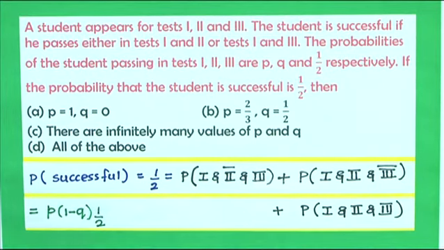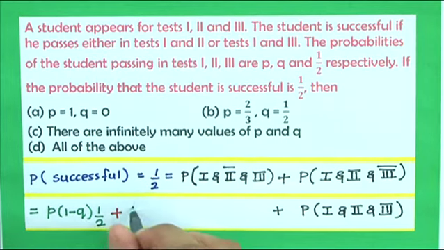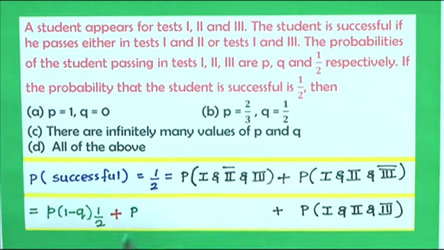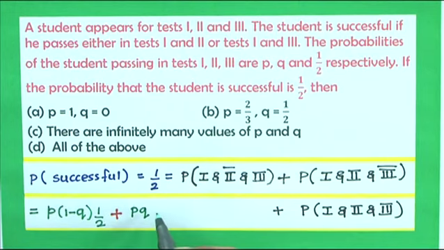The other possibility is going to be probability that he passes in the first two tests and fails in the third test. So that's going to be passing in the first test, that's P. Passing in the second test, that is Q. And failing in the third test. So that's going to be 1 minus 1 by 2, which is 1 by 2.